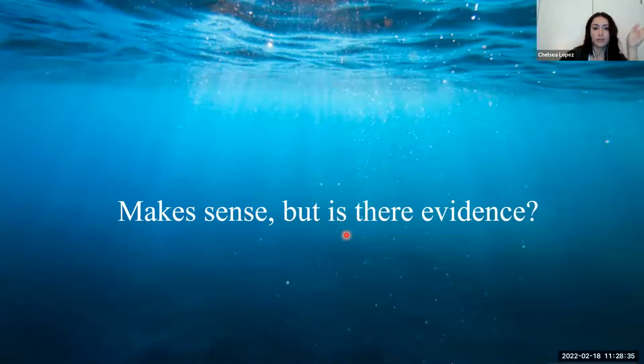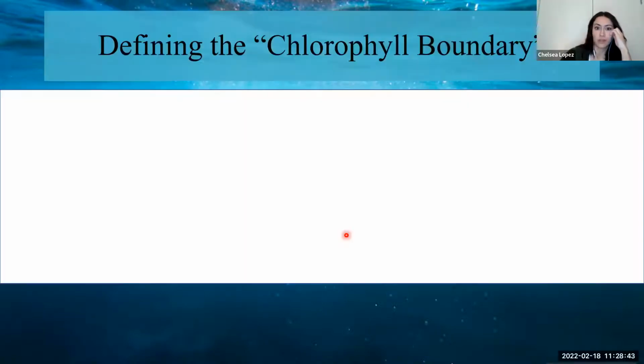So even though this makes sense logically, we want to find evidence that shows that this hypothesis is real. So here I'm going to define what I call the chlorophyll boundary. In the literature, it's called the transition zone chlorophyll front. But I wanted to get away from calling it a front because it's not a physical front, so I don't want to confuse anyone. So it's the chlorophyll boundary.